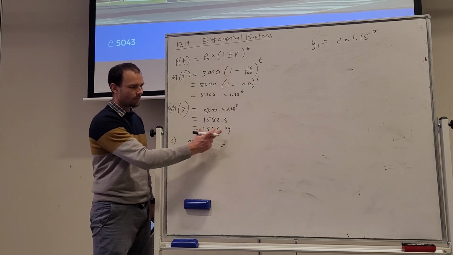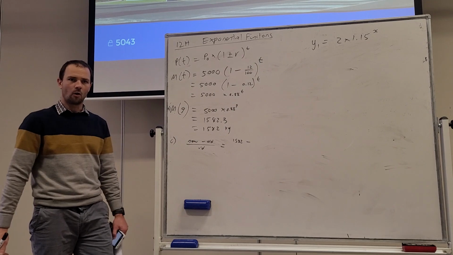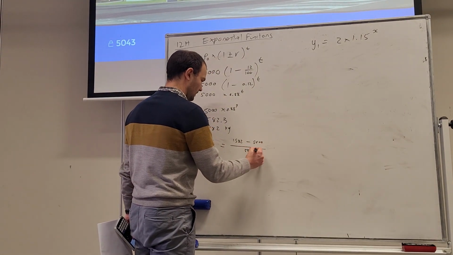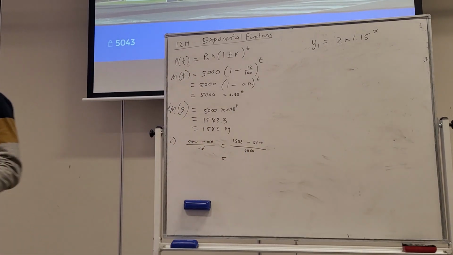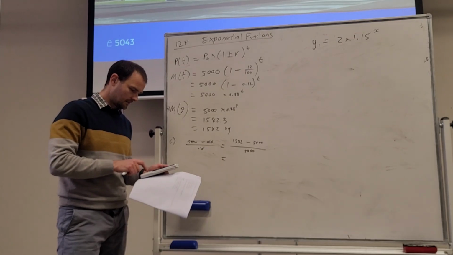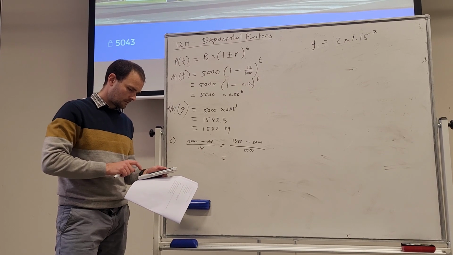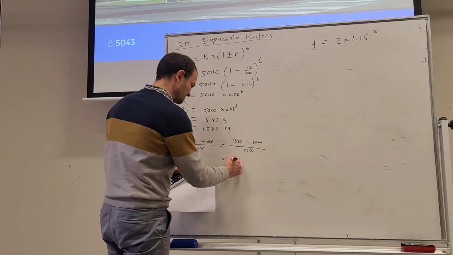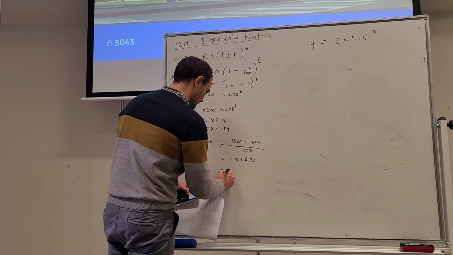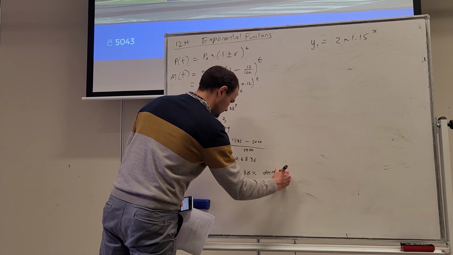So our new amount is 1582, take away the old amount, 5,000, and then divide that by the old amount. That's going to be a decimal, and we multiply it by 100 to convert it to a percentage. So 1582... 0.6836, 68.36% decrease.